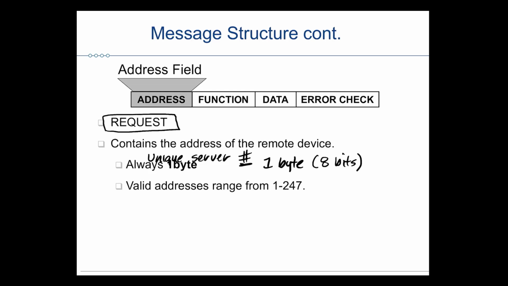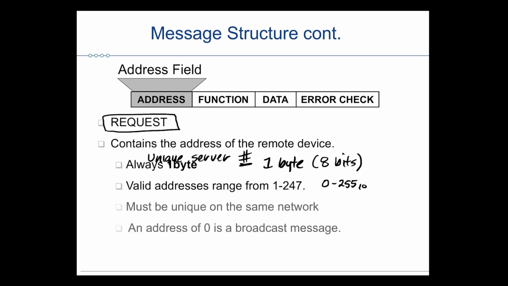Now, if you know anything about binary to decimal conversion, 8 bits gives you a range of 0 to 255 base 10. So you may be asking, why do we not have a total of 256 addresses, or all the range there? Well, the reason is because there's reserved addresses. So when it comes to address 0, this is what's called a broadcast address.